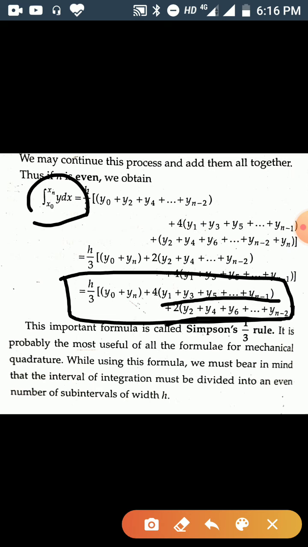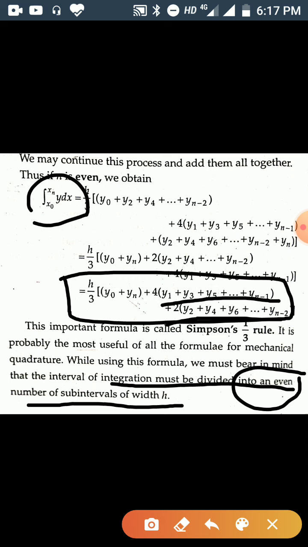This formula is known as Simpson's 1/3 rule, and it is probably the most useful of all the formulas for mechanical quadrature. But one thing to remember is that for using this formula we must divide the interval of integration into subintervals of width h, with an even number of subintervals.